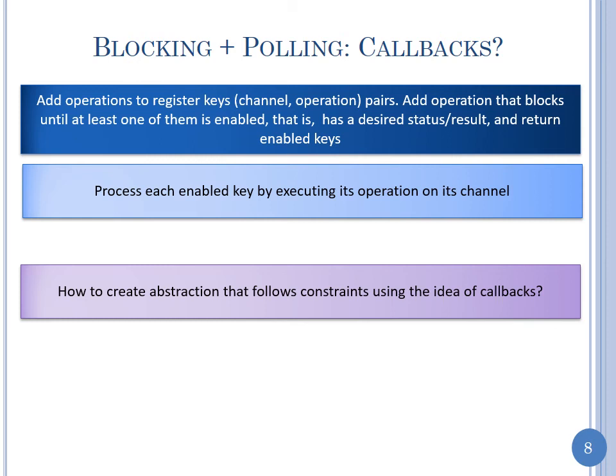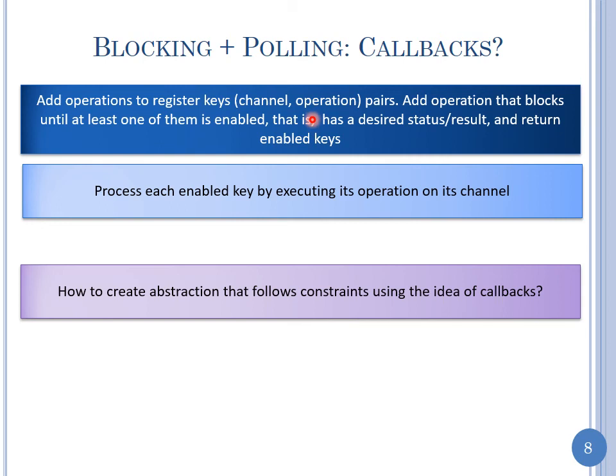So let's try to figure out how we could create an abstraction that follows these constraints using callbacks. Okay, and so the key is that here what we've done is we've got an abstraction that allows us to register channels in operation pairs. Okay? And we added an operation that blocks until at least one of them is enabled. How do we change this so that we now have callbacks and yet we have no blocking?